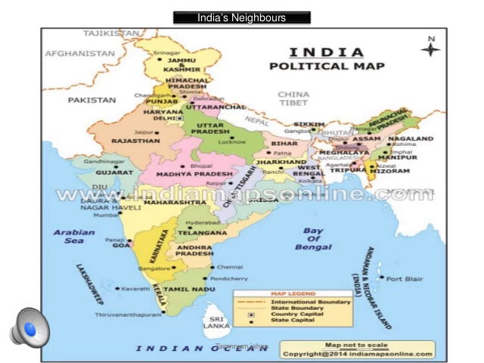Go through this map and see the neighboring boundary countries of India with whom India shares its boundary. Be clear with the map. You should be very clear with the political map of India and the neighboring countries, and very thorough with the latitudes and longitudes we have discussed under this chapter, because you can be asked to mark on the Indian map all the latitudes and longitudes, the Tropic of Cancer.